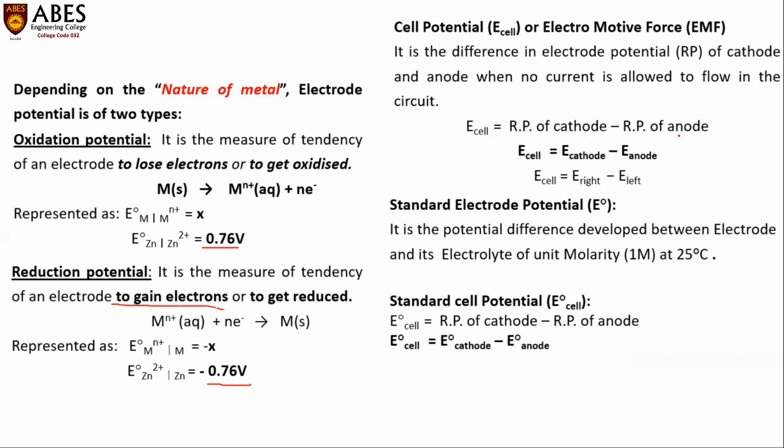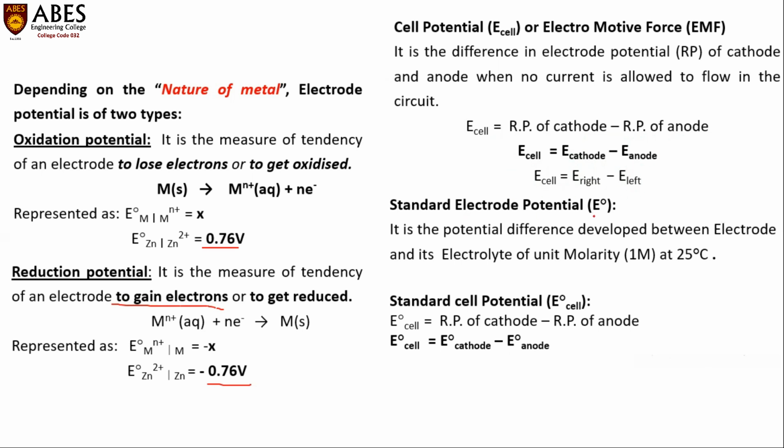By default, when we discuss potential, we are talking about the reduction potential, not the oxidation potential. So the E cell can also be represented as E cathode minus E anode. Also, we can represent E cell equals E right minus E left, because the cathode electrode is present on the right side and the anode electrode is present on the left side.